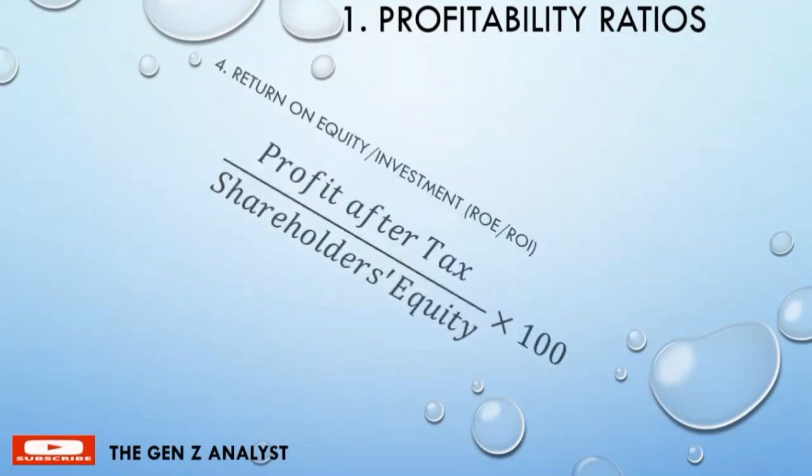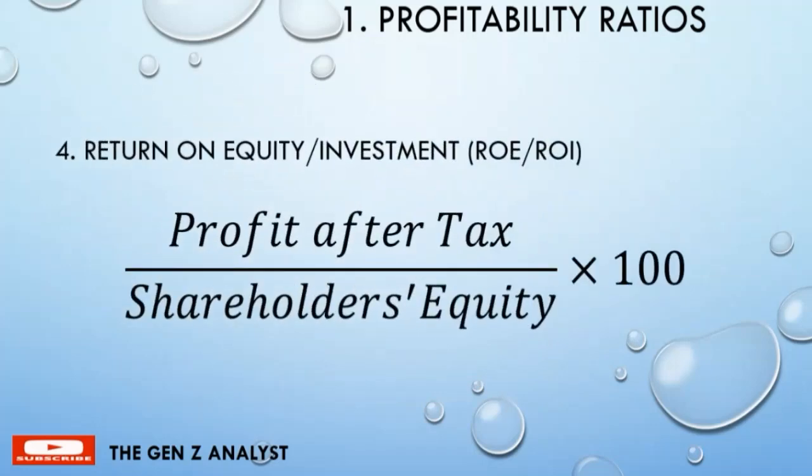Then we move on. The next one is the return on equity, or what you call the return on investment, so ROE or ROI, and we calculate this by the formula profit after tax divided by shareholders' equity, and then we multiply the result by 100. So this one is talking about how much we are generating on only equity.